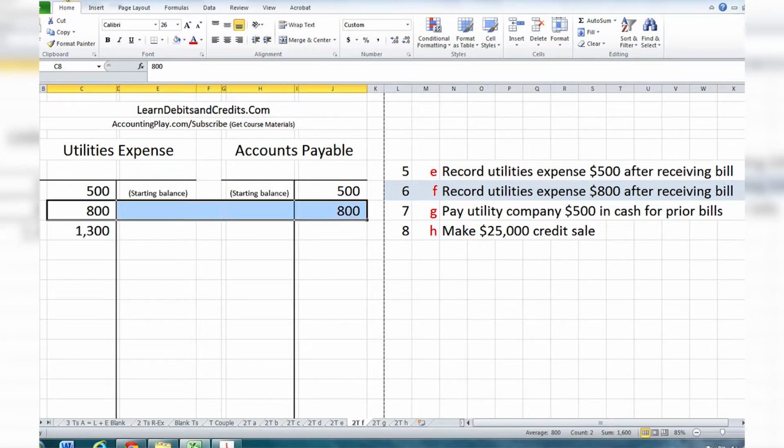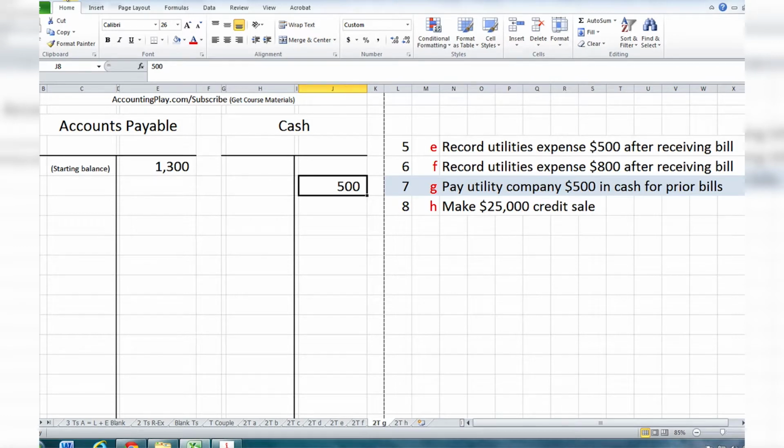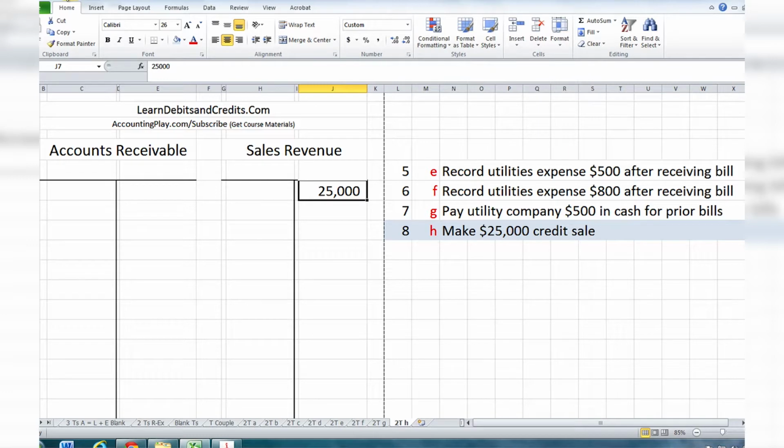Ending balance $1,300. Starting balance accounts payable $1,300 from the prior. Now we start recording our transactions. Starting balance $100,000. Ending balance. Credit our sales revenue. Debit accounts receivable, an asset. If we want to get fancy, go ahead and do the ending balances are just going to equal like so.